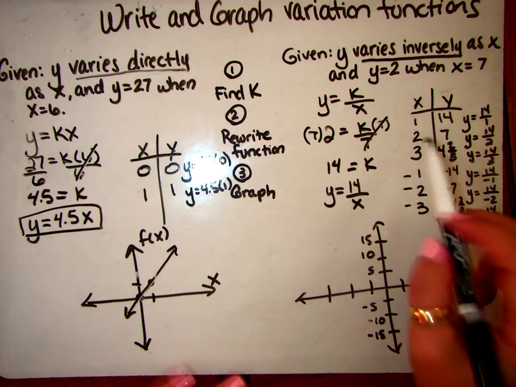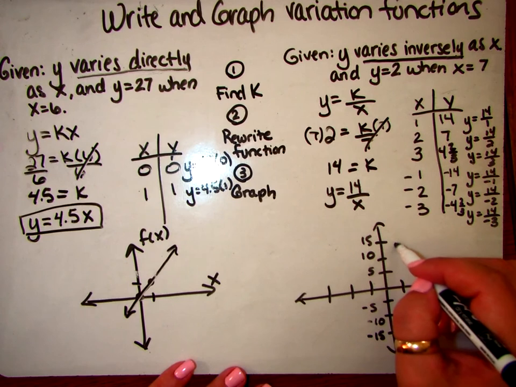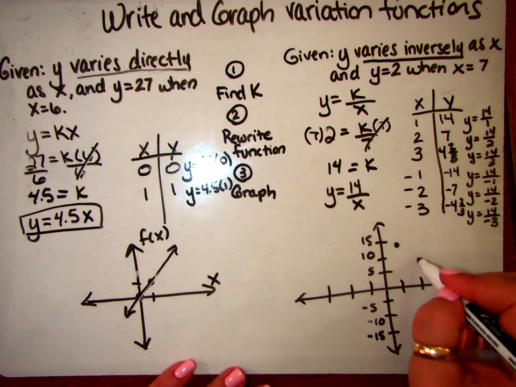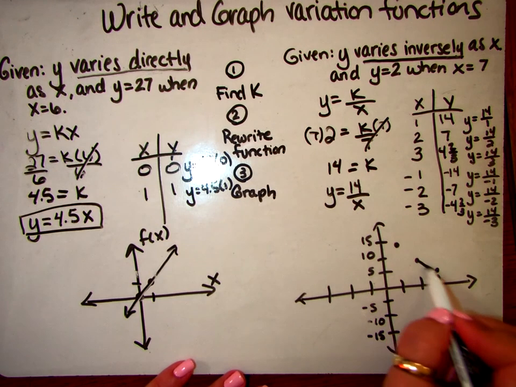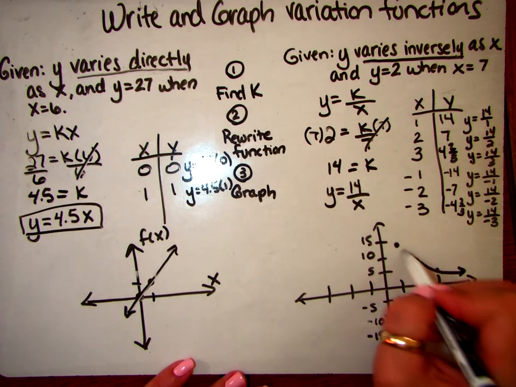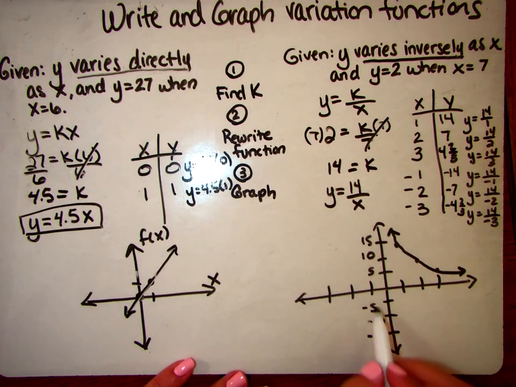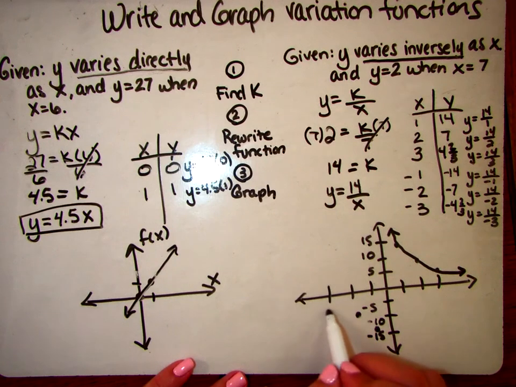At 1, I'm at 14. At 2, I'm at 7. At 3, I'm at 4. So this one is going to look like this. On -1, I'm at -14. At -2, I'm at -7. And at -3, I'm at -4.